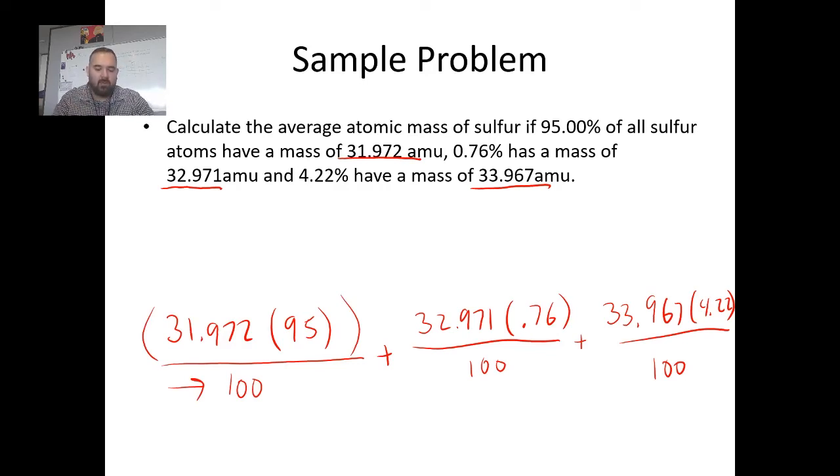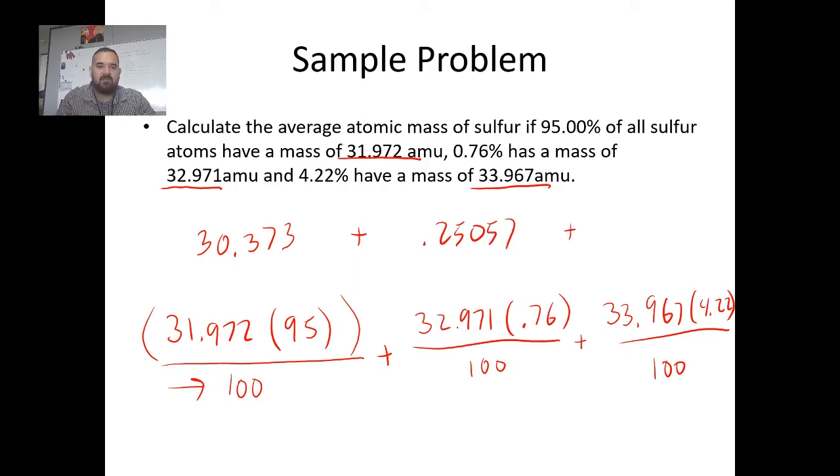So 31.972 times 95, divide by 100. You should have got 30.373, and then plus, and then we move on to the next one. So 32.971 times 0.76, divide by 100, and that gives us 0.25057.